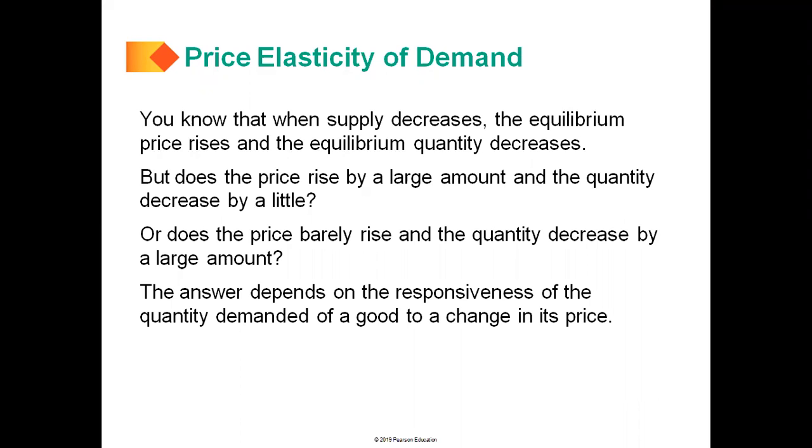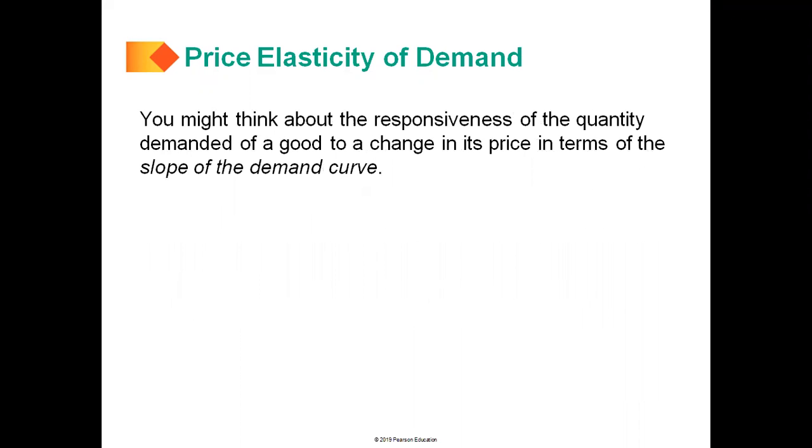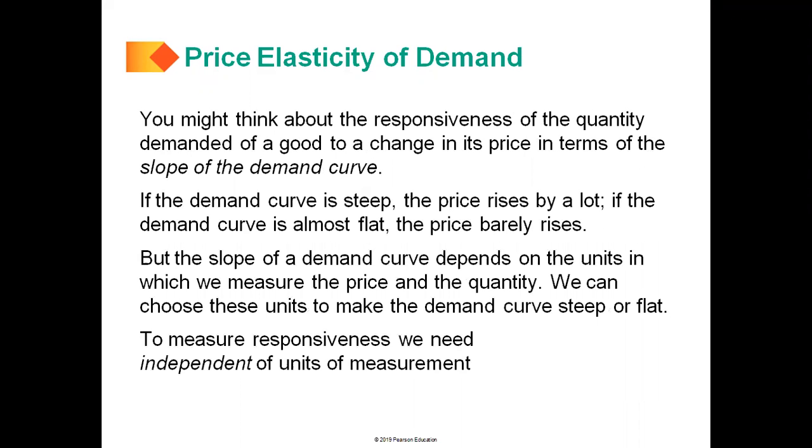So the whole idea is, how sensitive is quantity demanded to price? That's it. And so they're talking about slope, but we have to use percentages instead, because in economics you could have increments on the price of nickels and dimes, and on the quantity demanded in millions of units, and so we use percentage.